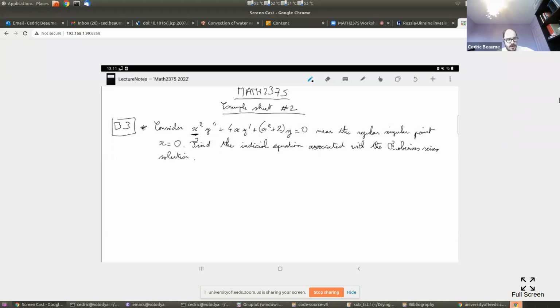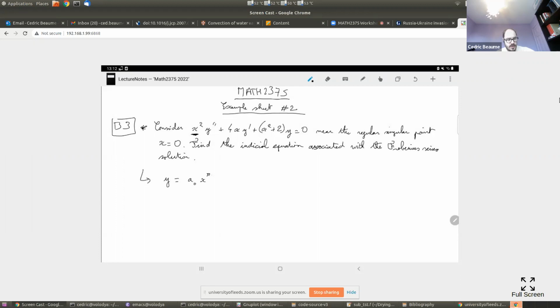So that's the first question. And you might remember how we write down a solution in terms of the Frobenius series. So this is essentially how we do it. The solution y can be written as a series of monomials. So we're going to write down a0 x to a certain power.